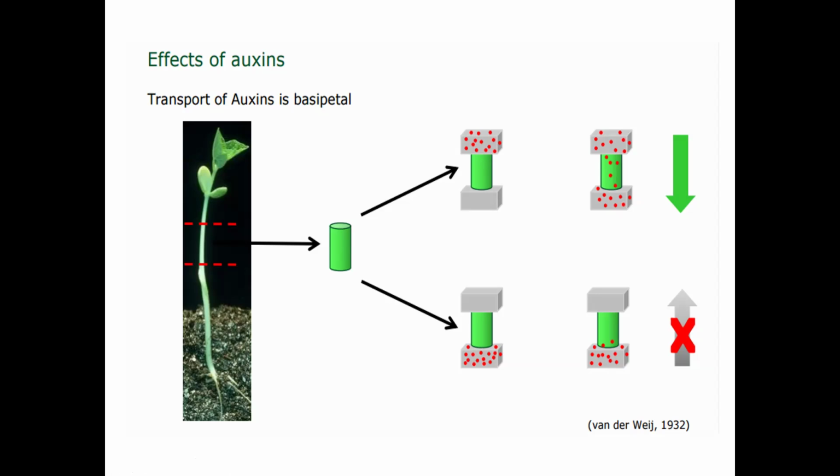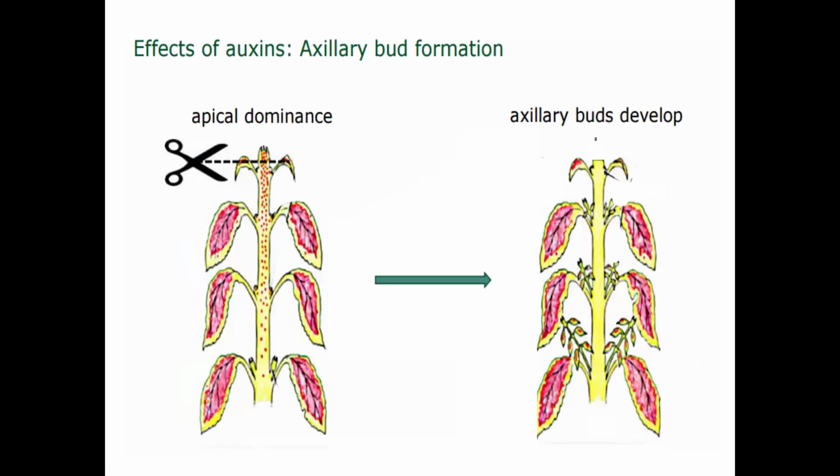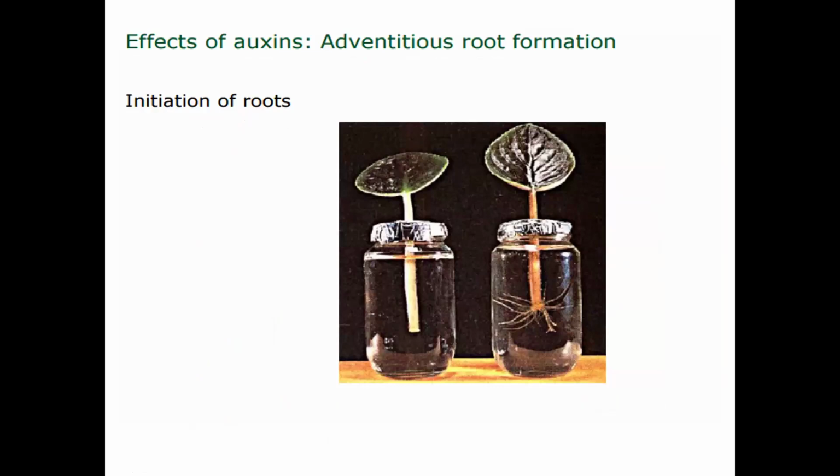It is produced in the shoot during sunlight and goes downward to the root. And apical dormancy, here you can see how to get the bud for tissue culture. Apical dormancy of any plant is governed by auxin. Bud formation is regulated by auxin, and auxin also regulates adventitious root formation.